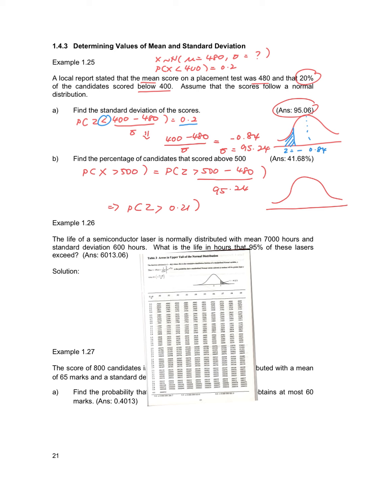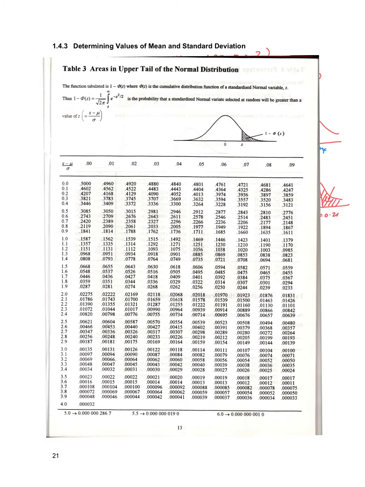Okay, ini yang simple yang kita belajar mula-mula. So Z dia 0.21 is here. Z 0.21. So refer apa value probability? Okay, tengok 0.21. Ini kita cari, kita ada value Z, nak tahu value probability dia. So carilah 0.21. 0.21 is 0.4168.